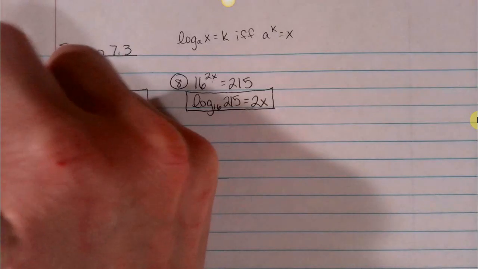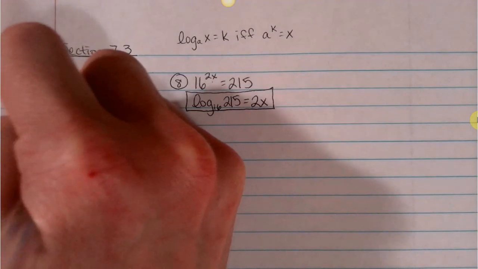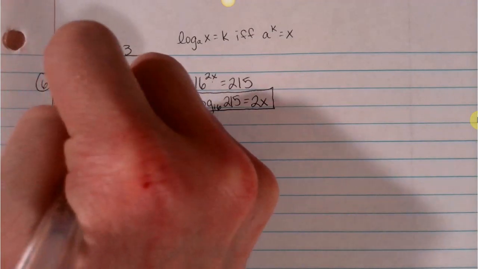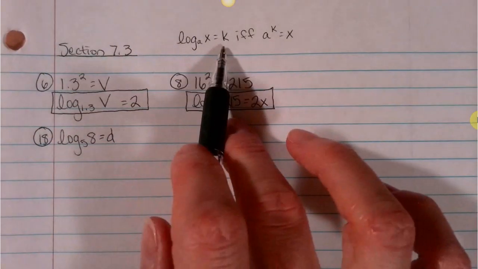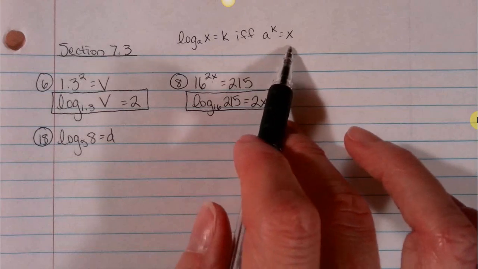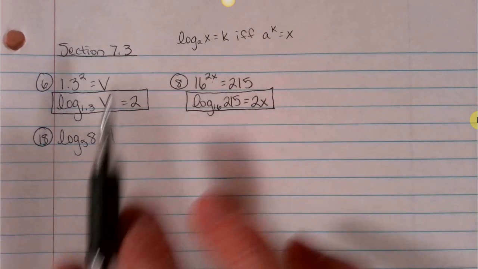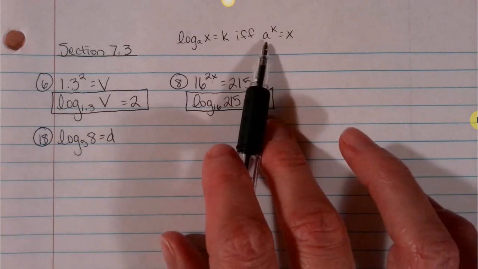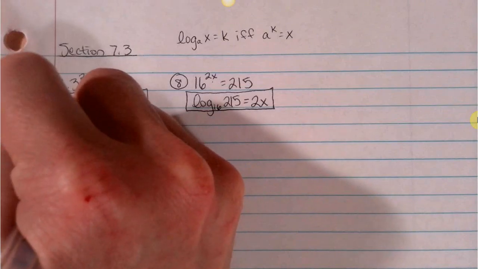Number 18, we're going the opposite direction. So now we're given a log equation. The log base 5 of 8 is equal to d, and we want to use our definition to rewrite that as an exponential equation. So now we're going from something that looks like this to something that looks like this. So the base on the logarithm, that would be the 5, so that's what's going to go in place of the a, in place of the base in our exponential equation.